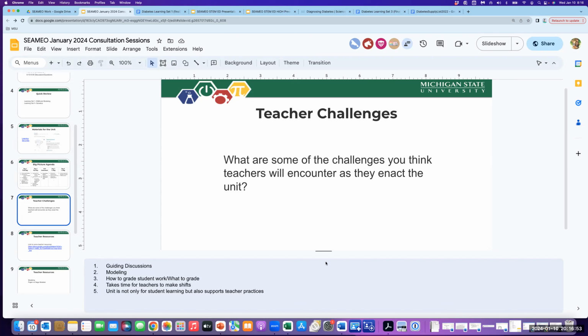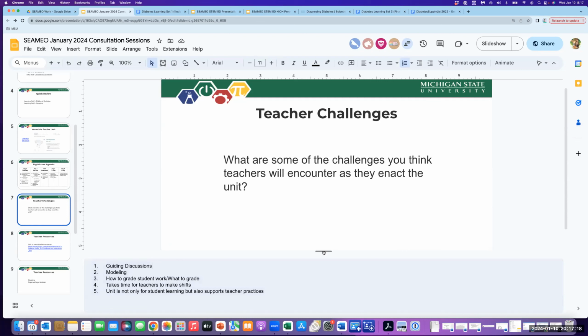We encourage them to use Sage Modeler, but we also recognize that many of our teachers have not done the Sage Modeler training, and that the paper pencil model is just as powerful for students to create their models of diabetes. I think somebody asked in one of the sessions whether to use Sage Modeler or paper pencil.